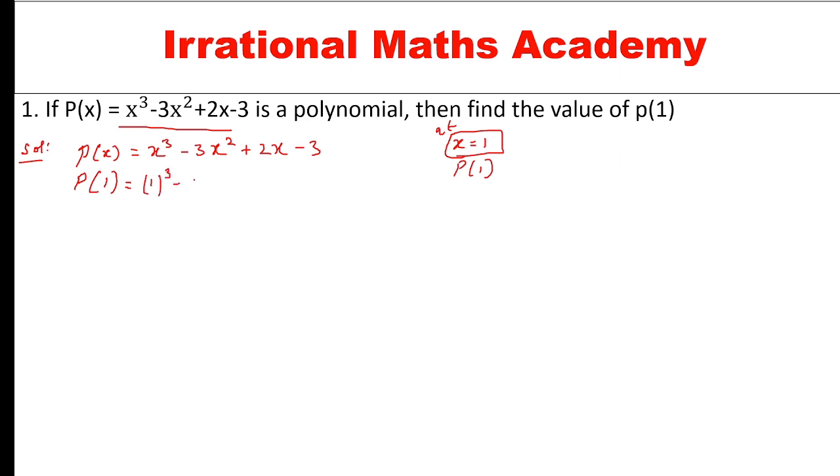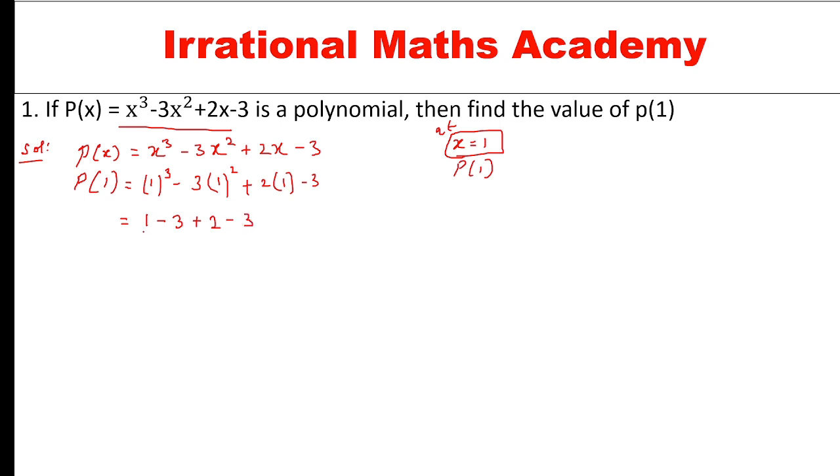1 cube minus 3 into 1 square plus 2 into 1 minus 3. So 1 cube value is 1, minus 1 square value is 1, 1 into 3 is 3, plus 2 into 1 is 2, minus 3.